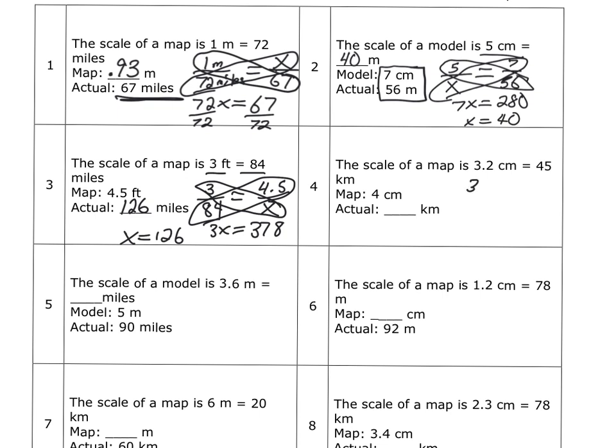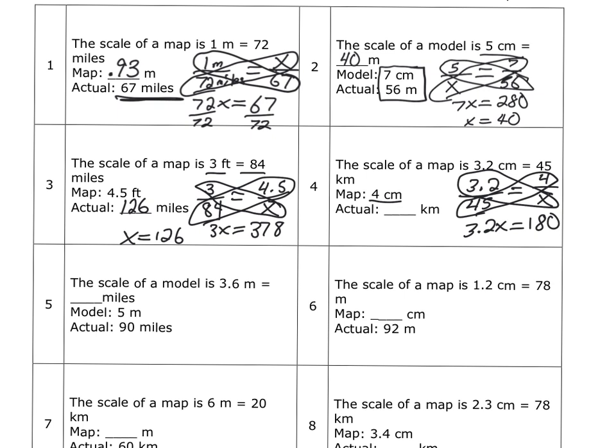Again, we're given map and actual, and we're given map and unknown. 3.2 times x, 45 times 4. So I get 3.2x equals 180.